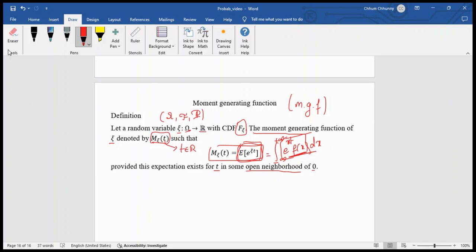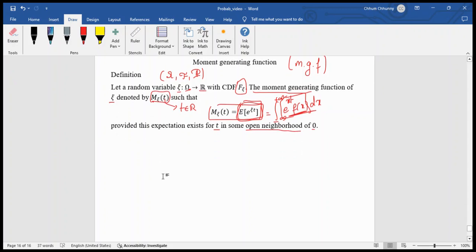Okay, so what is the benefit of the moment generating function? From the name, if it exists, it can help us find the moments of that random variable. How can we find them?